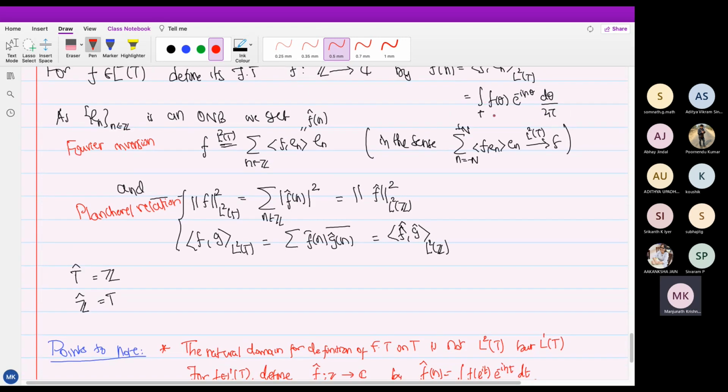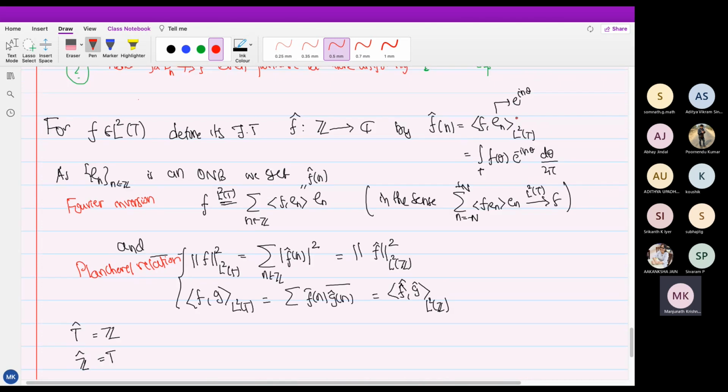This is the same formula, f of theta e to the minus i n theta d theta over 2 pi, only I don't write any inner product.